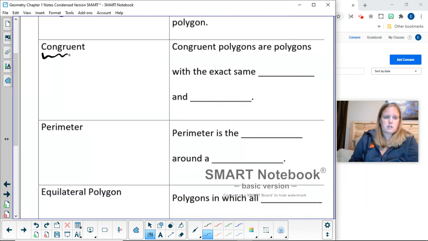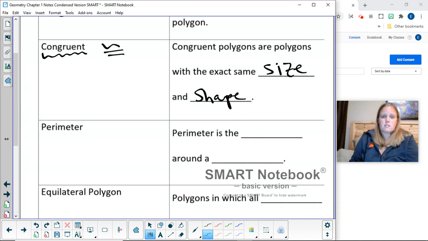All right, this word again, we've seen that word lots of times. We've seen it with this symbol, and we've seen it with hash marks. But to be a congruent polygon, it has to be equal on every aspect. So it has to be the exact same size and shape. So let's give an example here.